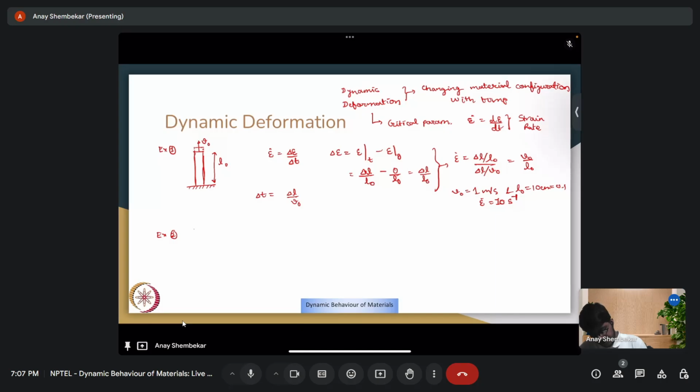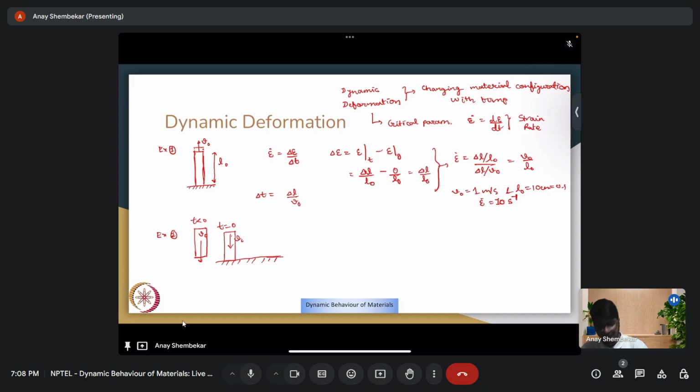Another example could be, suppose you have a thin cylinder, deformable. It's moving ahead with a velocity v naught at time t less than 0. At time t equals 0, it impacts a rigid boundary. Still, the majority of the particles will be moving at v naught except the particles at the bottom end, which will be contacting the rigid boundary.